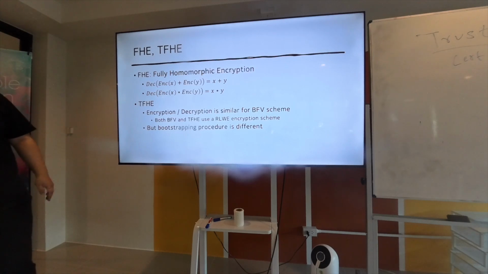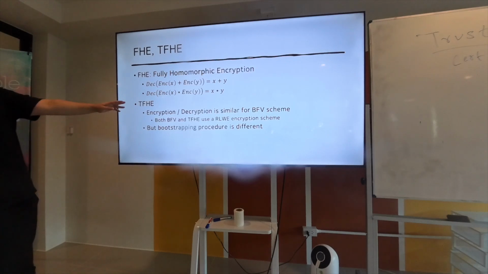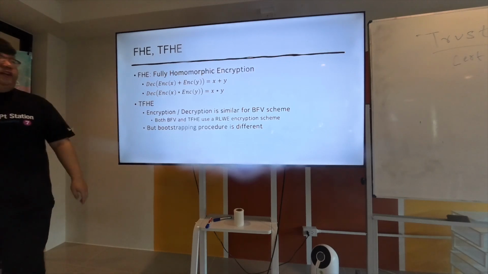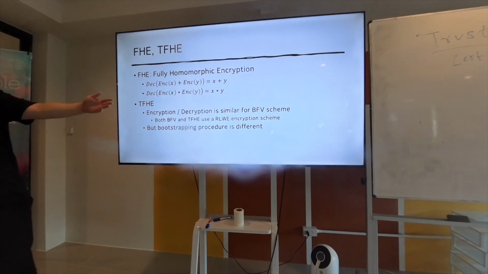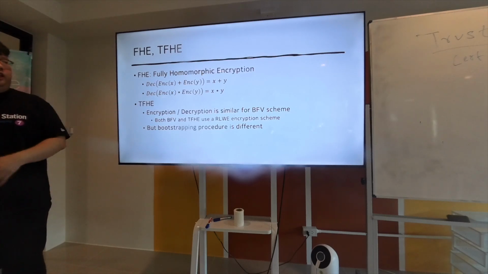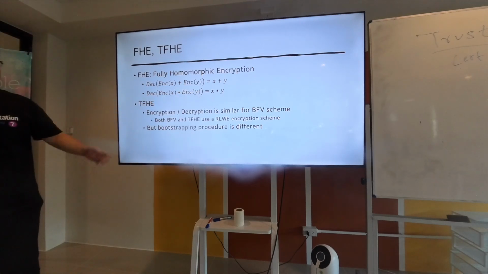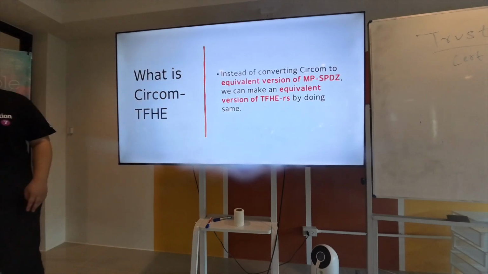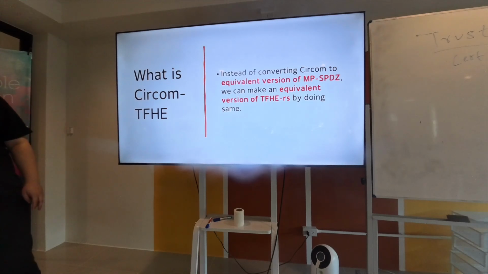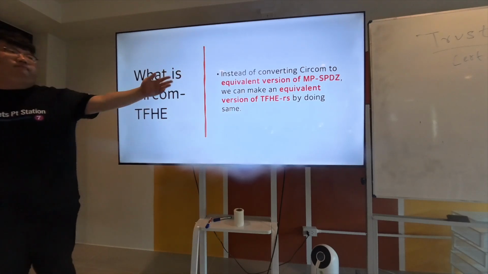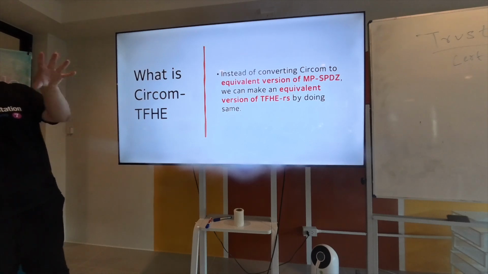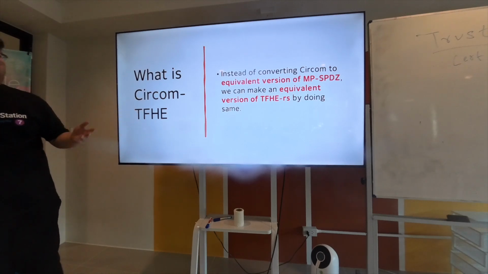TFHE is one of the schemes in FHE. Encryption and decryption are similar to the most famous scheme in FHE, the BFV scheme, but the difference is in bootstrapping. So with Circom-TFHE, we can replace MP-SPDZ with TFHE.